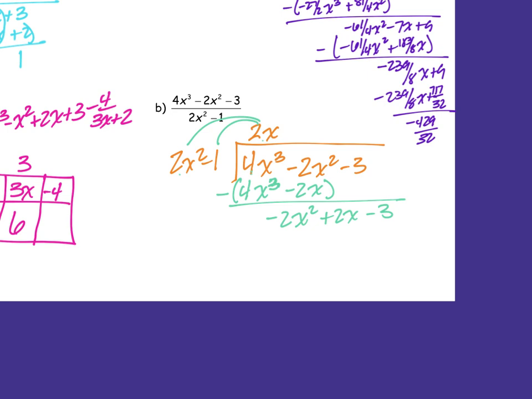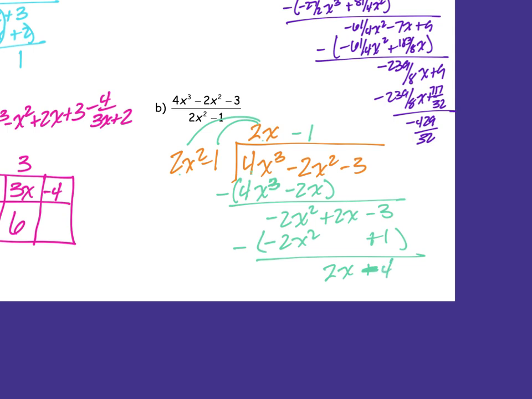So then I'm going to get negative 1. Oh, I think I might have figured it out, Conrad. So that gives me negative 2x squared plus 1, right? And I subtract that, and I'm going to get 2x minus 4.